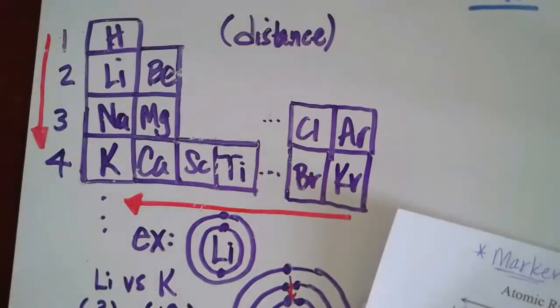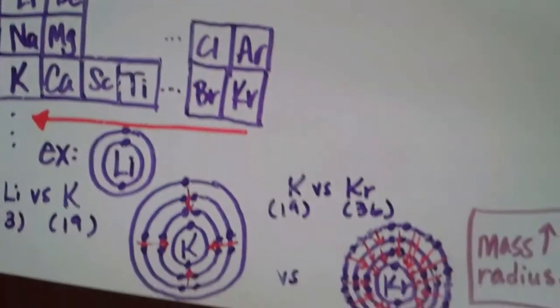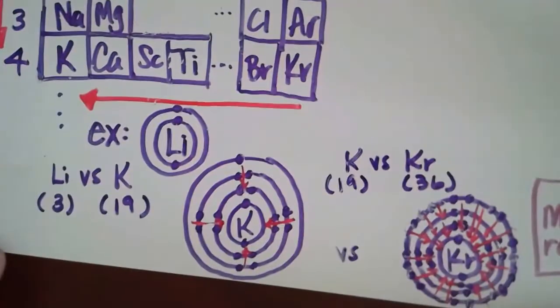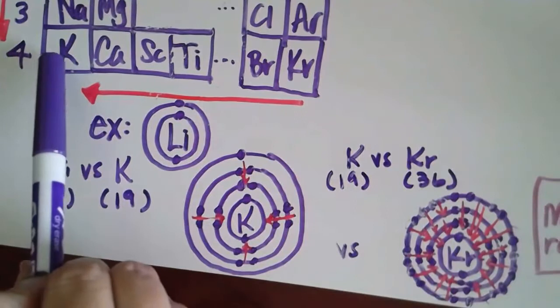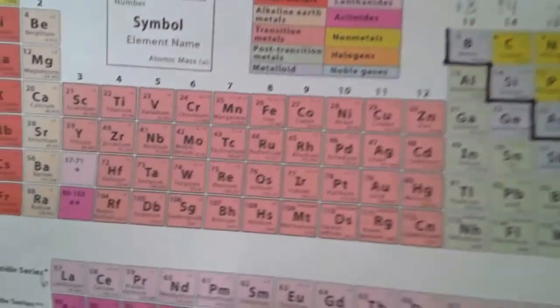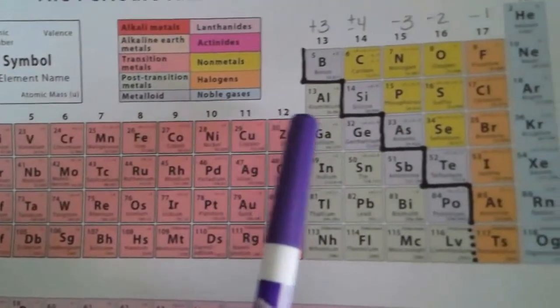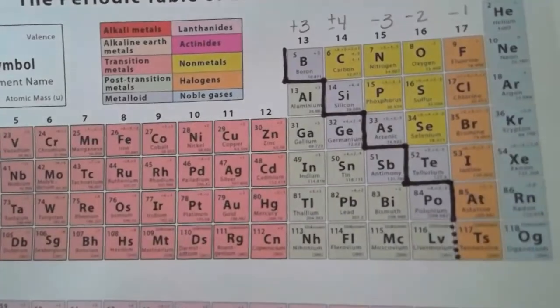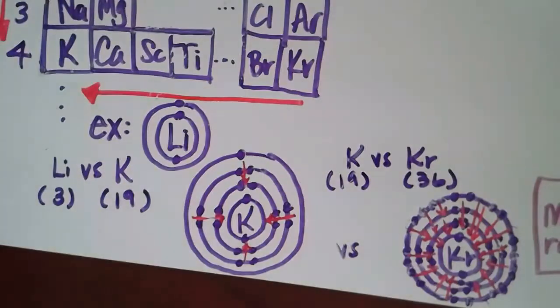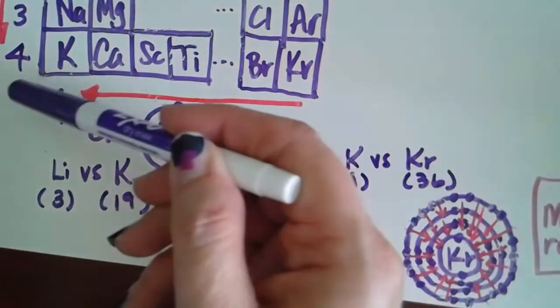So why is that? Well, here it is. As you go across the periodic table, so for example, to go from potassium all the way over to krypton, from potassium, the 4th row, all the way over to krypton, number 36, it gets smaller, or you get larger as you go from right to left.